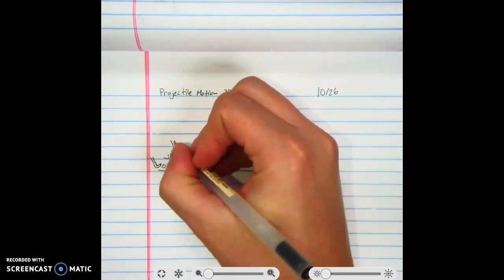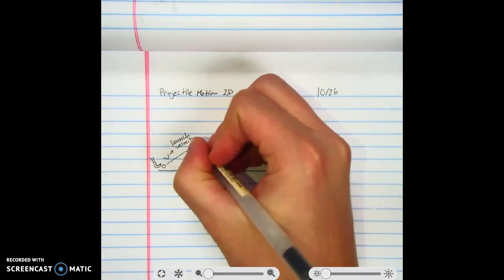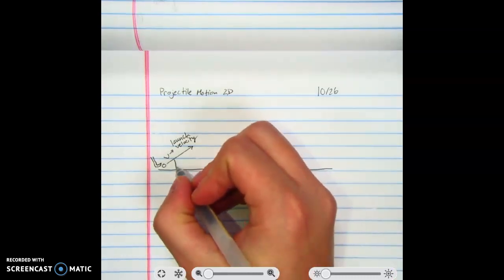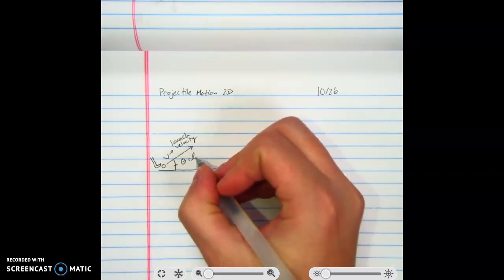This is our launch velocity. That should sound familiar because we've had launch velocity with our horizontal axis. This time we have launch velocity, and there is some angle theta, or launch angle.